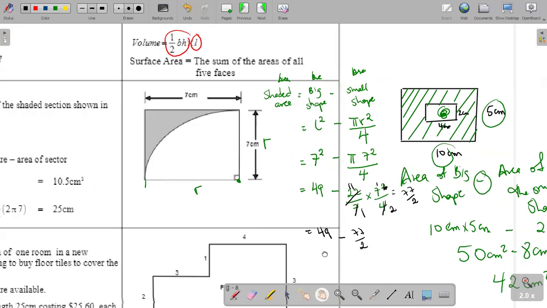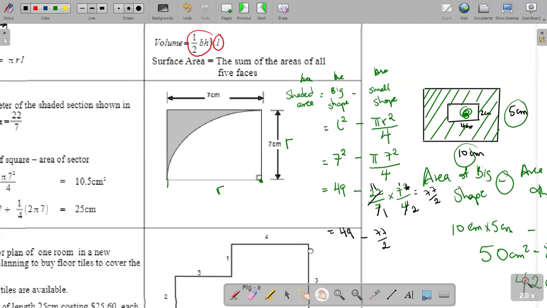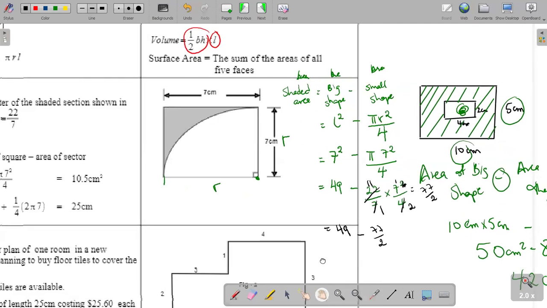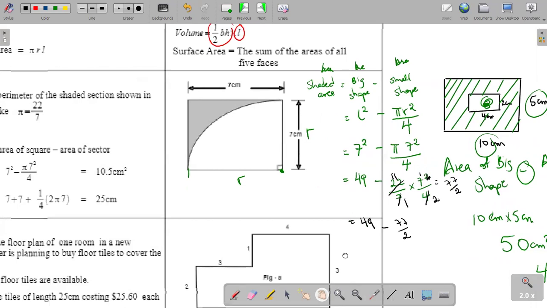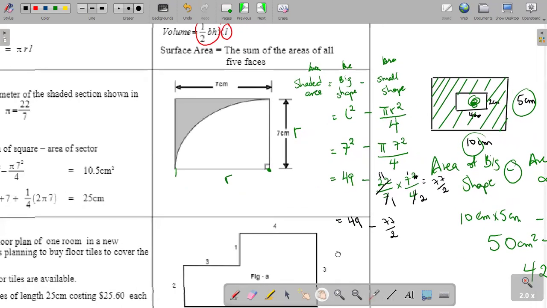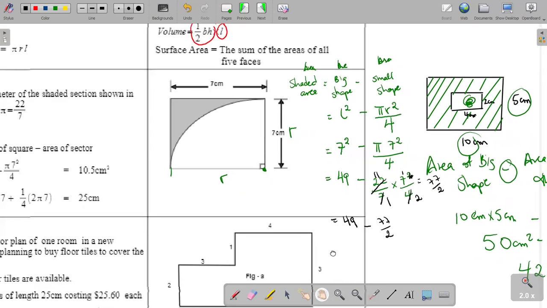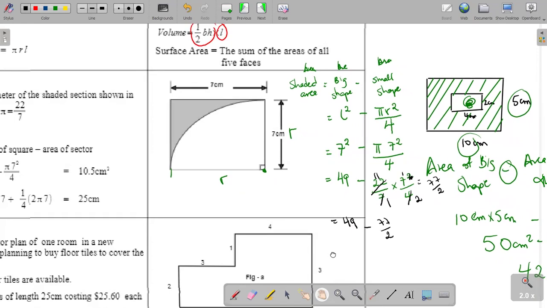Somebody calculator, please. Tell me what you get. That's what your calculator gives you. 49 minus 77/2, 33/2.